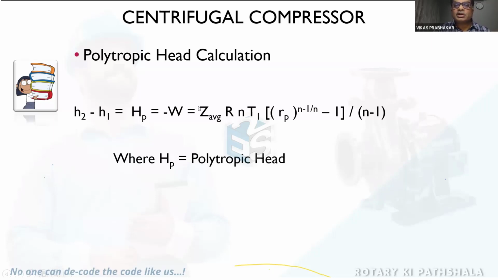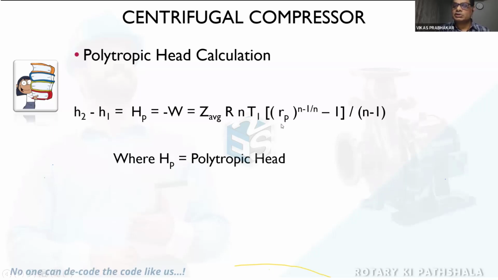Now, if you see, there are a number of parameters which govern the polytropic head or enthalpy difference. Z is the compressibility, R is the specific gas constant, N is the polytropic index, T1 is the inlet temperature, RP is the pressure ratio, and N is the polytropic index that we already covered. So 1, 2, 3, 4, 5, and 6.